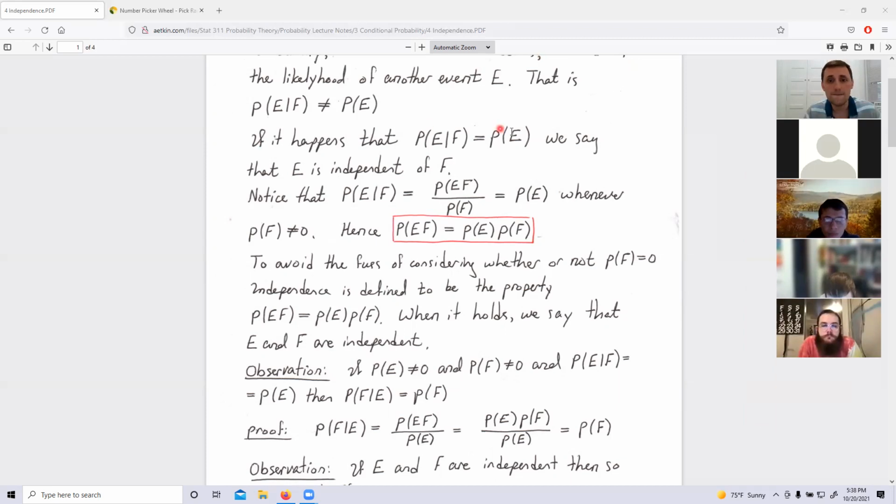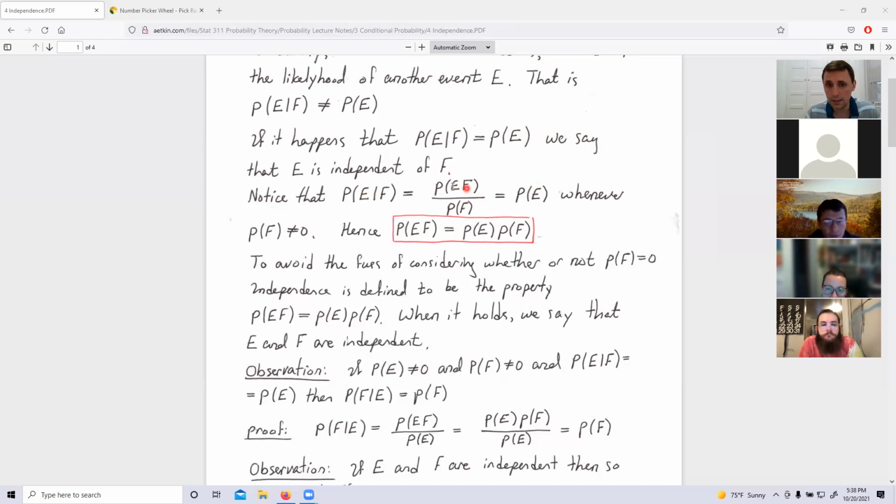So we would say that whenever the probability of E given F is the probability of E, then the events E and F are independent. Another equivalent way of writing it is, observe, if the probability of E given F is equal to the probability of E, then by definition of conditional probability, this left side is equal to the probability of the intersection divided by the probability of F. And observe what that means.